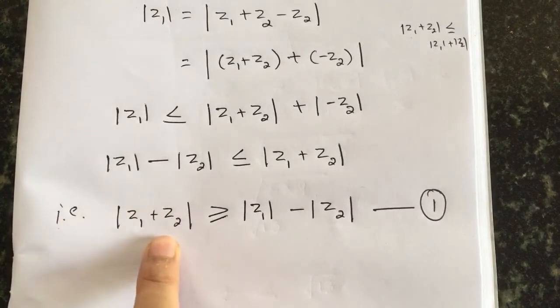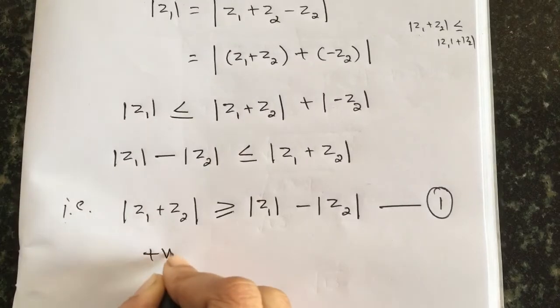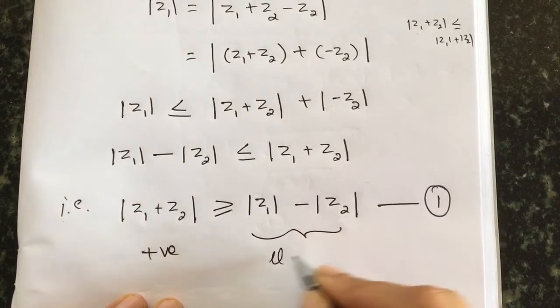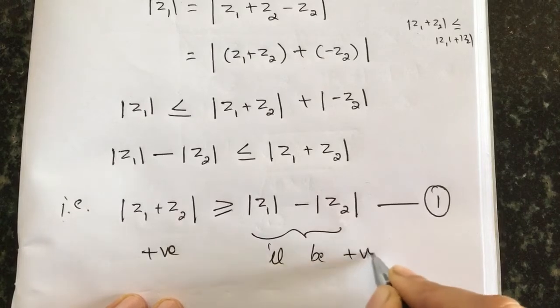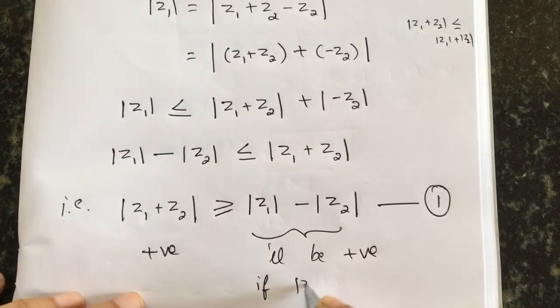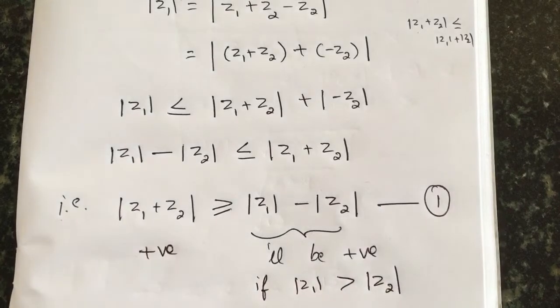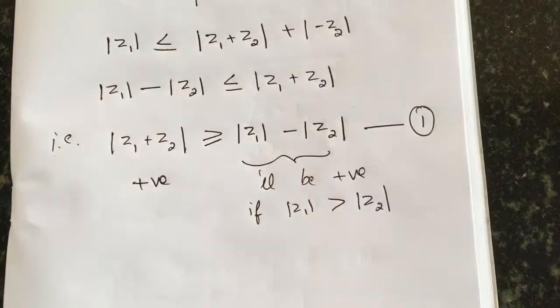This always gives me a positive. This is positive always. But this will be positive if mod z1 is greater than mod z2. That is the case, then only this will be positive. Now suppose it's negative, what happens?